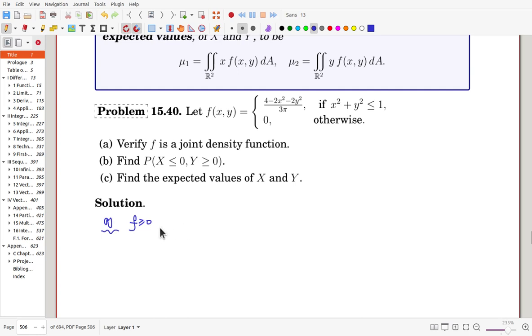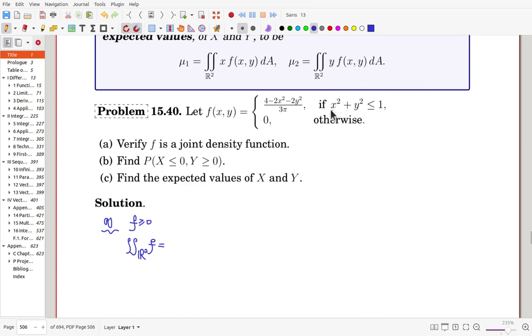Secondly, the integration over the whole plane must be 1. Okay, let's do that. Integration over the whole R2 plane of f. But f is 0 outside the disk.